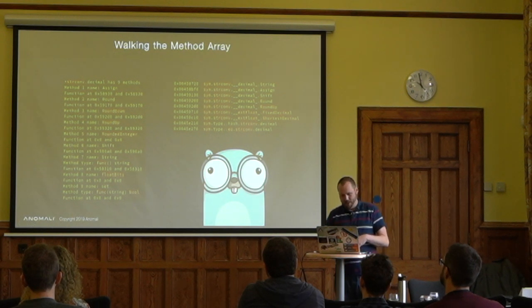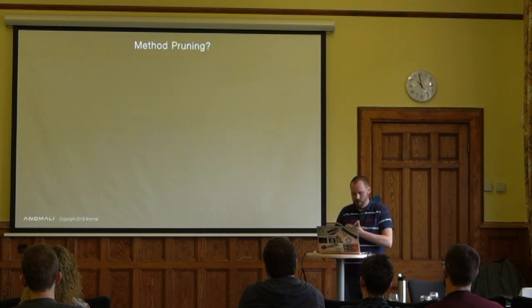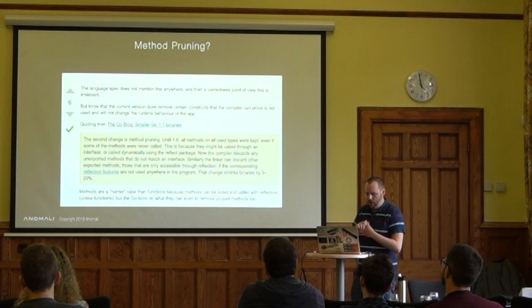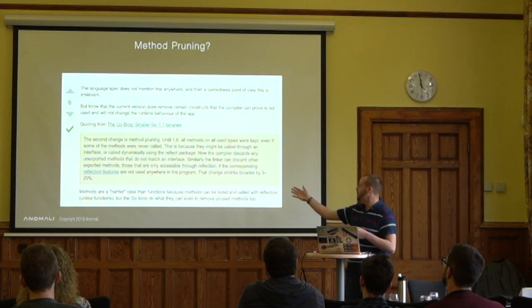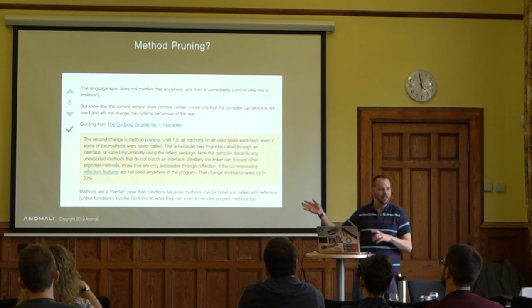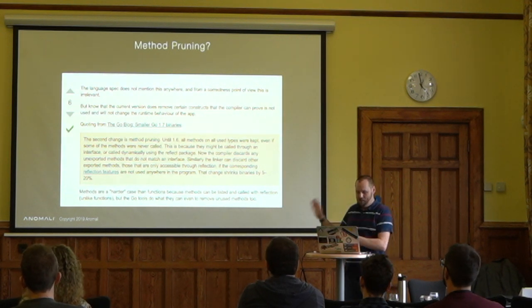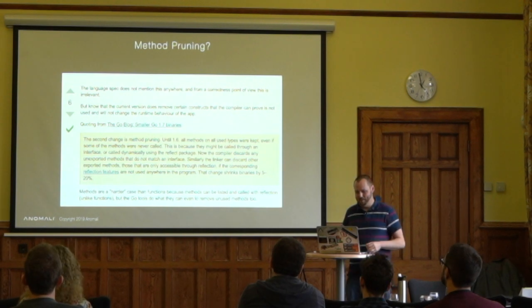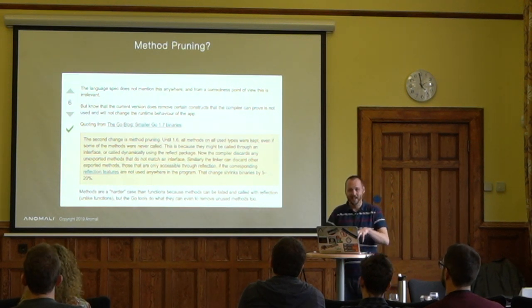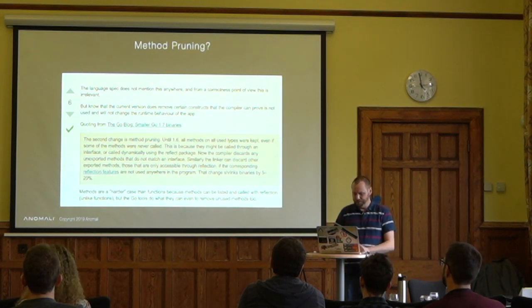That's when you start wondering, and you go to the book of knowledge, Stack Overflow, and you find that apparently they started to prune some methods. So there's support for method pruning. It can bite you if you don't consider that, because it's not documented in the source code.